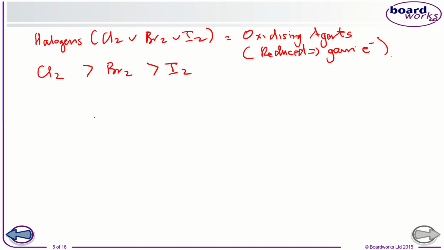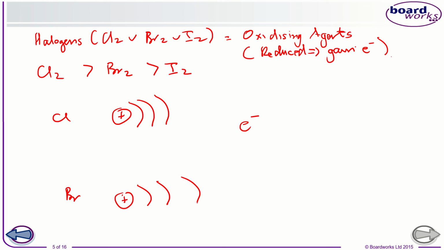So when two things are battling over one electron, if we pretend chlorine has a nucleus, of course, and then it has 1, 2, 3 electron shells. If I was to compare that to bromine, of course it has a nucleus, but it is a much bigger atom.